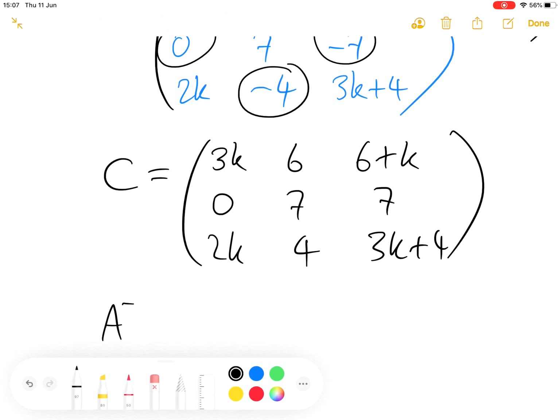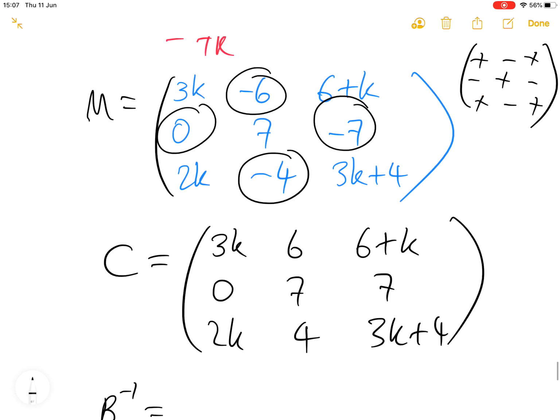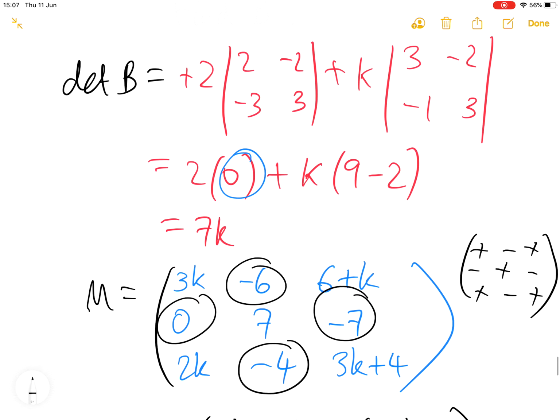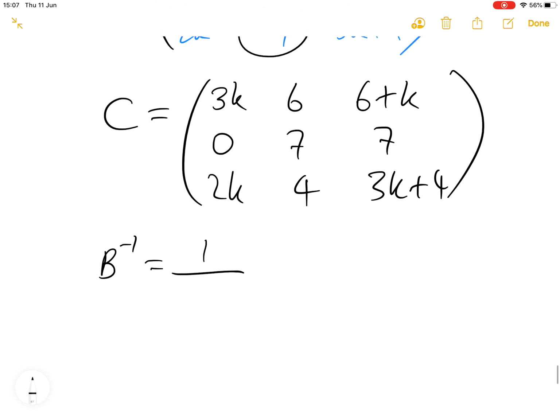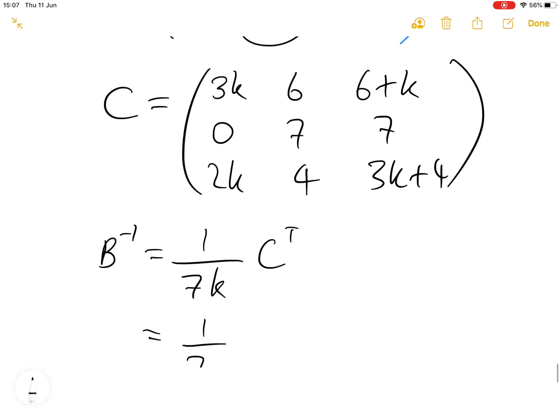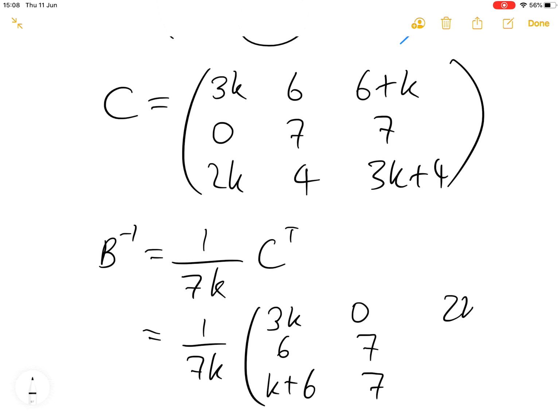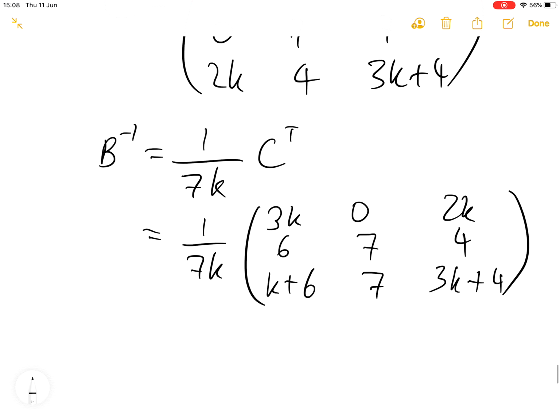And then the last step, it was B, wasn't it? Not A. So B inverse is 1 over the determinant of B, which was 7k. So 1 over all of 7k times C transpose. So that's 1 over 7k times C with the rows and columns interchanged. So we get 3k, 6, k plus 6, 0, 7, 7, 2k, 4, 3k plus 4.